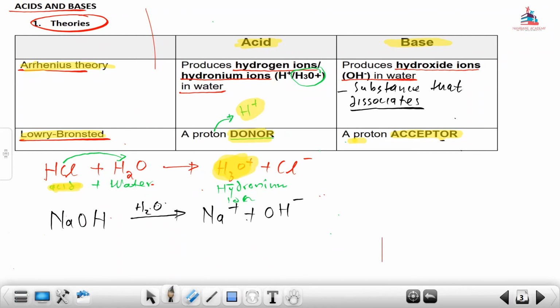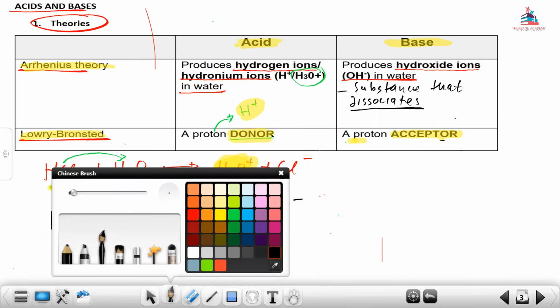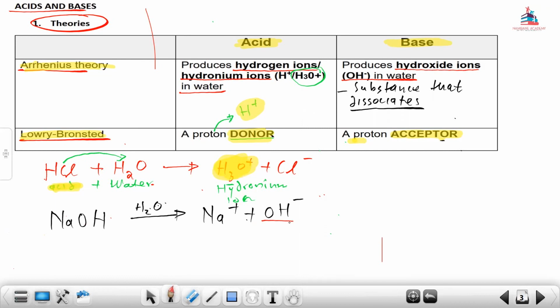So I have produced my OH- through the base that I know, which is sodium hydroxide. This allows me to explain this particular situation.